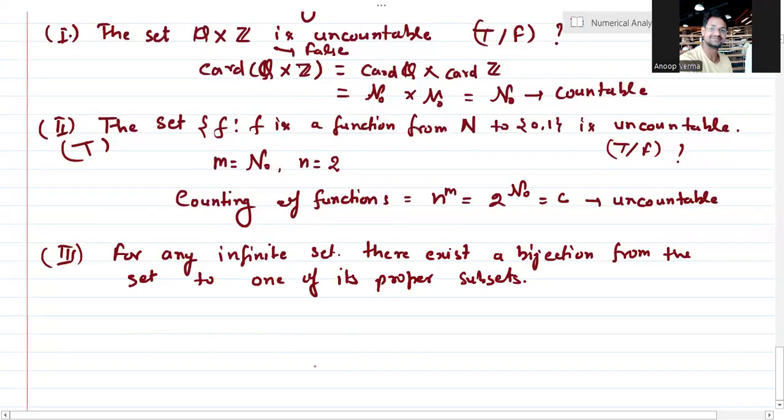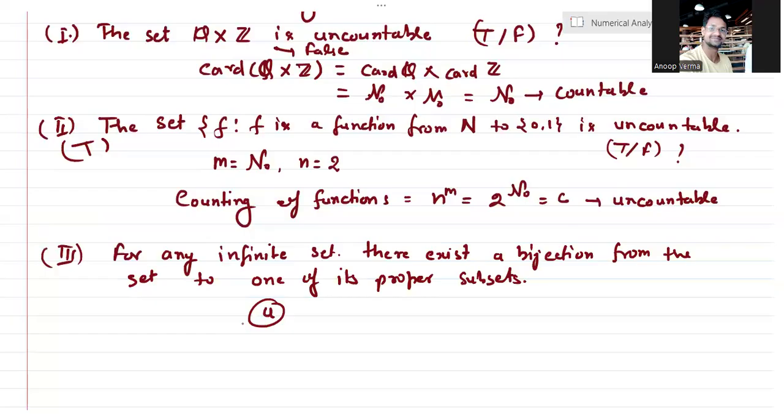If from an infinite set we remove some finite number of elements, it also remains infinite. If we have an uncountable set and remove one element from it, it also remains uncountable. If we take a countably infinite set and remove one or two elements, it also remains countably infinite.